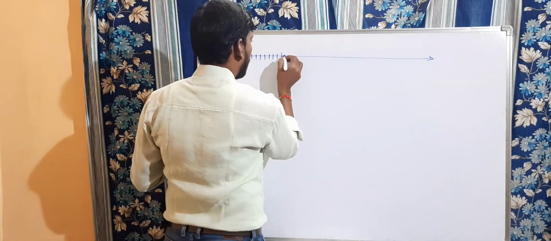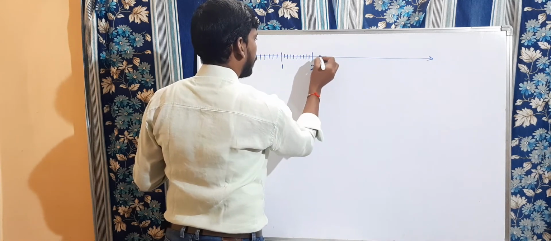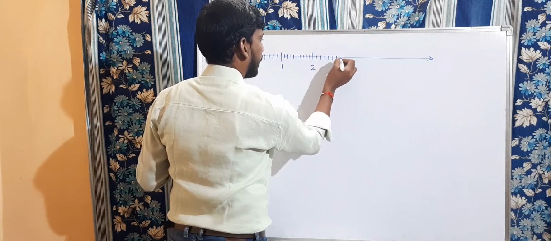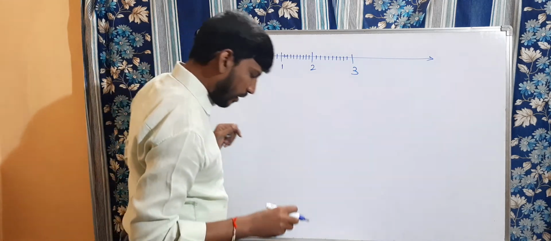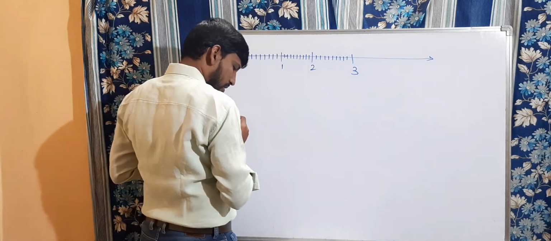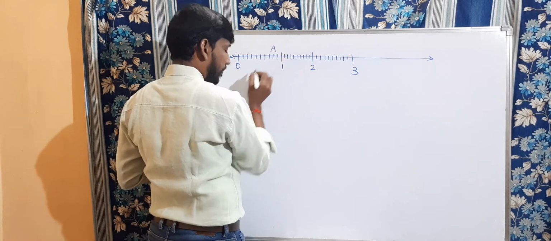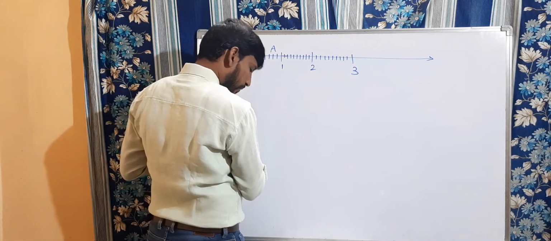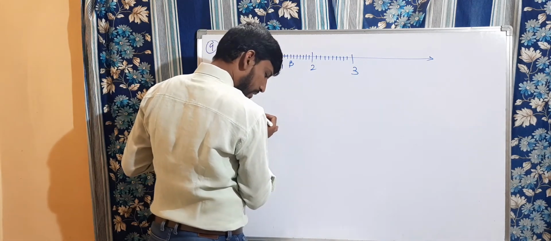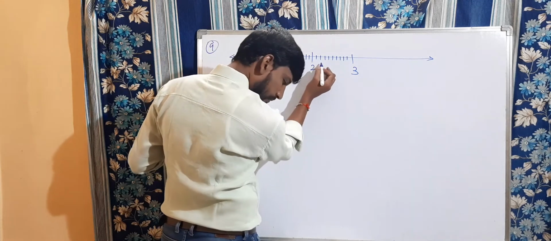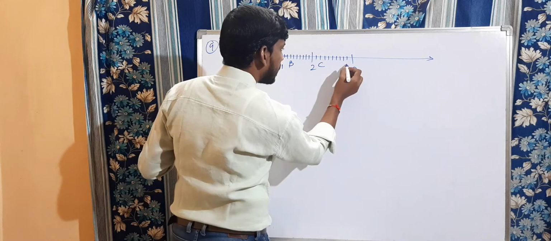Then again this is 2. This is 3. Right? So now here we have A. This is A. Then here we have B. Next here we have C. And here it is D.